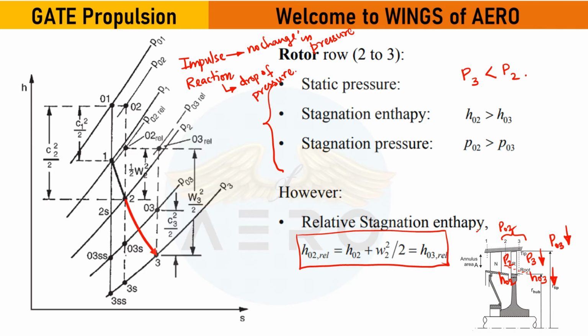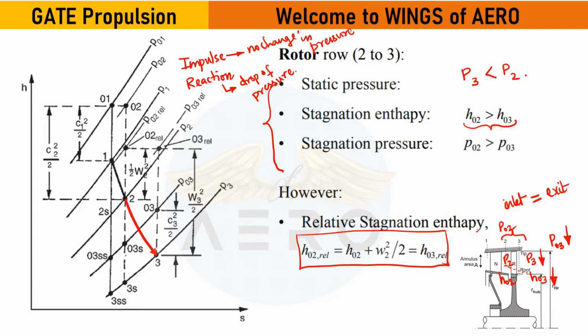Relative means the inlet condition is equal to the exit condition. Actually, what is happening over here is that some losses are occurring, right? So I cannot say here they are equal, but at ideal condition, when I am explaining, we consider it in terms of relative stagnation enthalpy.